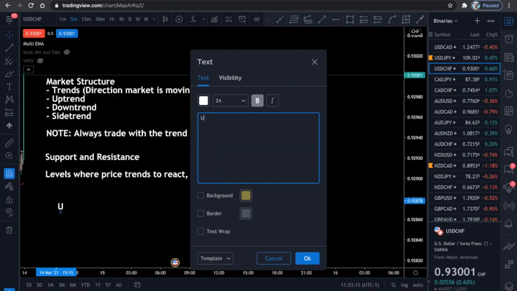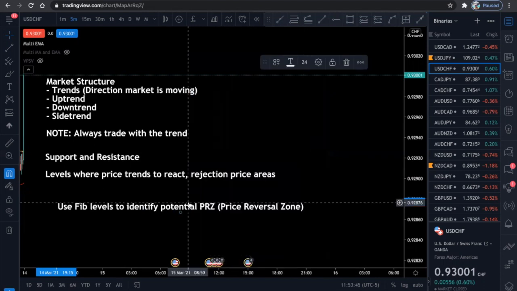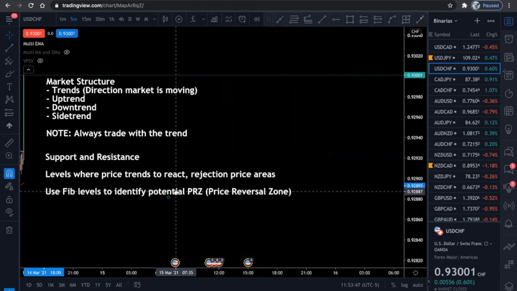Okay, so you want to use the Fib levels to identify potential PRC. What is a PRC? Price reversal zone.